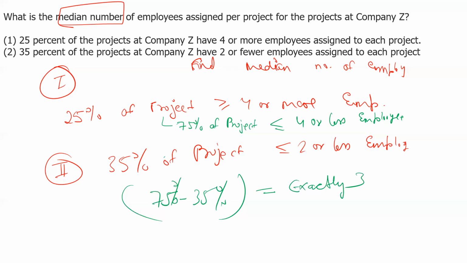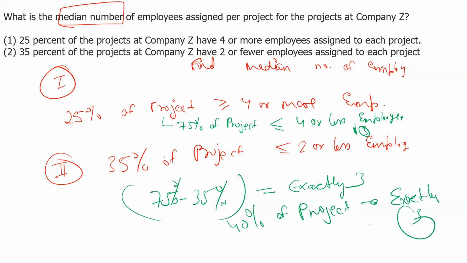So can I say the remaining 40% of the projects are done by exactly 3 employees, because here only one common number is there, that is 3. So directly we can say that 40% of projects are exactly done by employee number 3. So we can see that the median number of employees assigned per project for company Z will be 3.